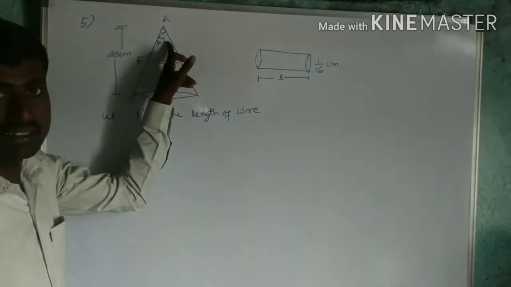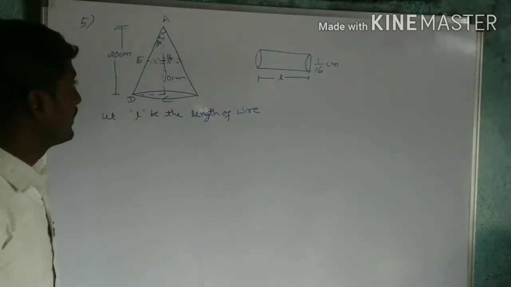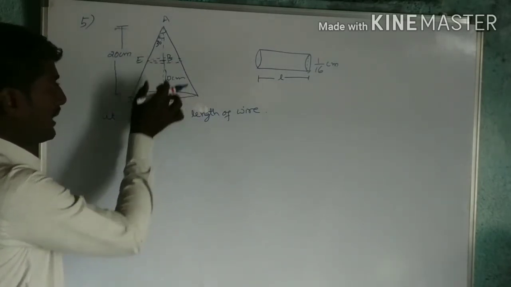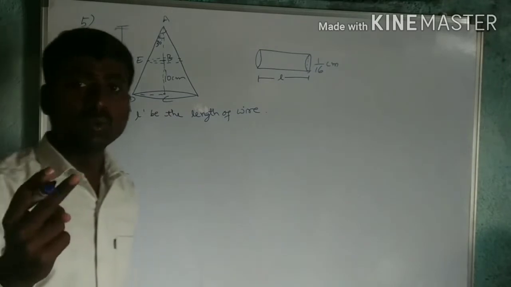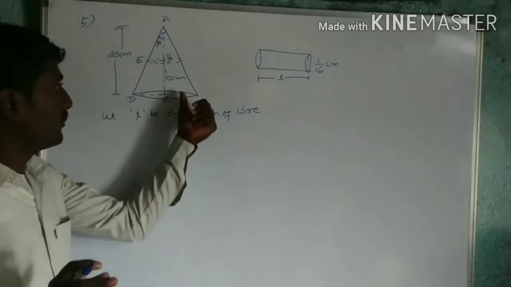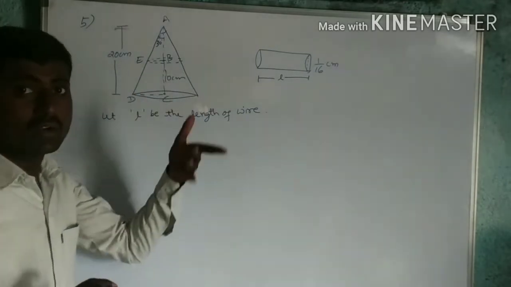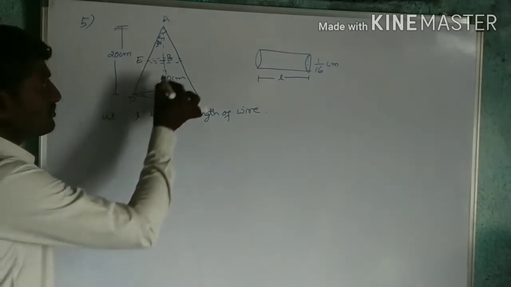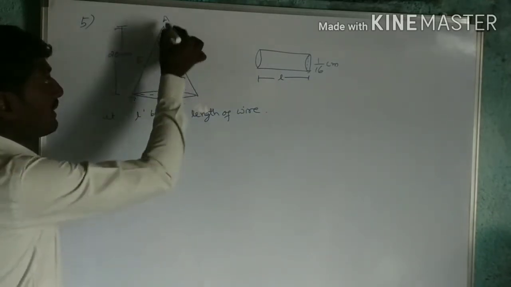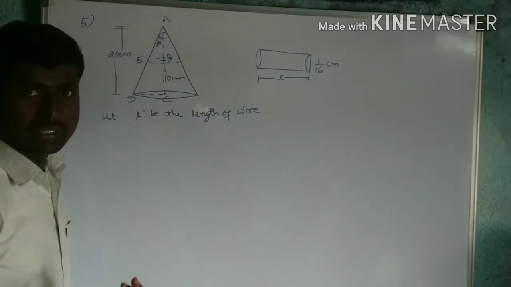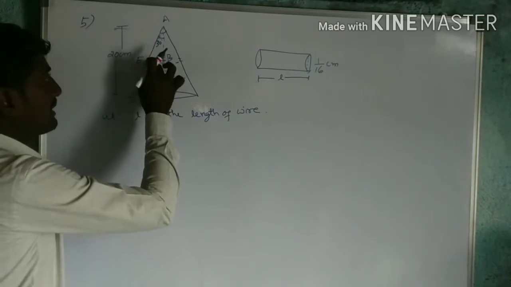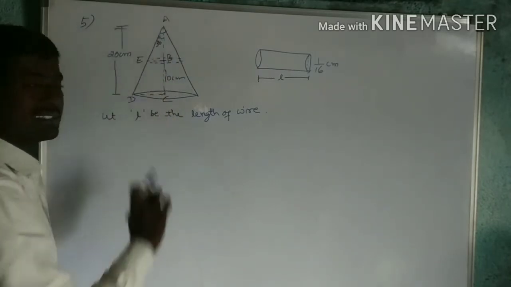Now we have to find the radii of the frustum of cone, EB and CD. These are the two radii. How can we find them? They said that BC is 10 centimeter and AB is also 10 centimeter. Now the angle EAB is 30 degree.